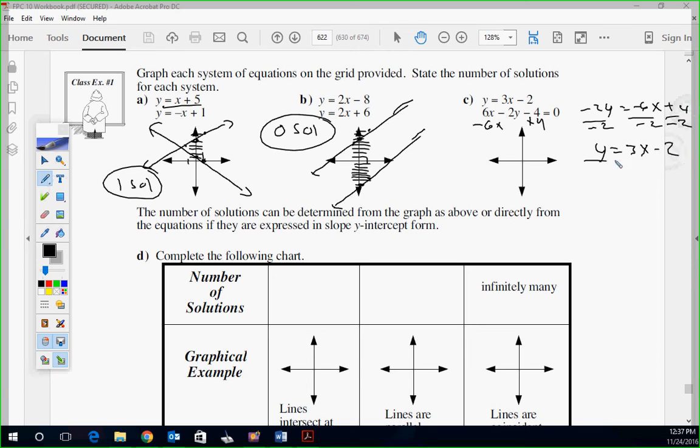What do you notice? Same exact. 3x minus 2, 3x minus 2, they're the same line. So 3x minus 2 starts here, up 3 over 1. It'd be this line on top of itself, so it'd be really bold. Infinite. Those are your 3 options that we're going to put right down here for our little notes, our chart.